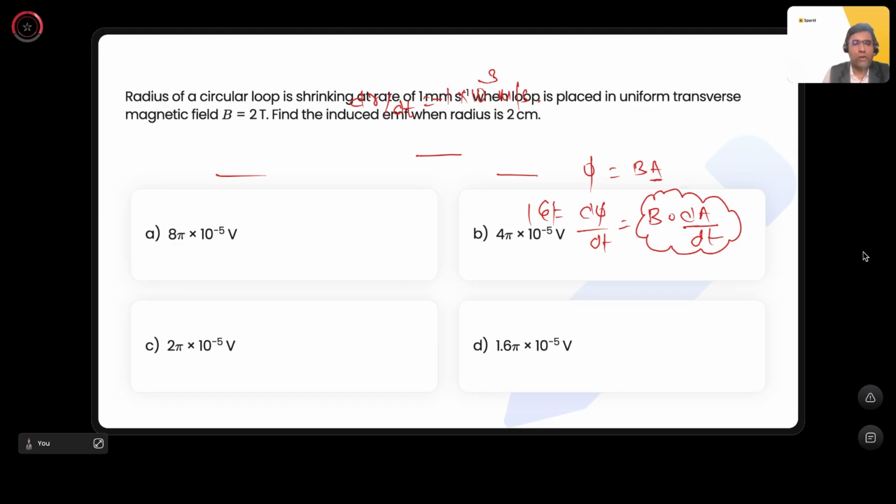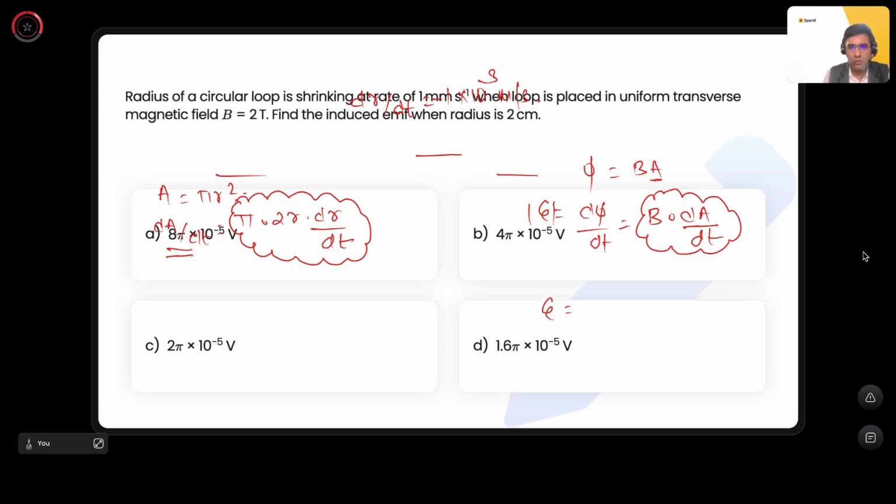Now, what will be the area for the circular loop? It will be pi r square. So let's find the expression of dA by dt. For dA by dt, we have to differentiate both sides. So it will become pi into 2r into dr upon dt. All right. So this is what is dA by dt. Now we have to just put the values.